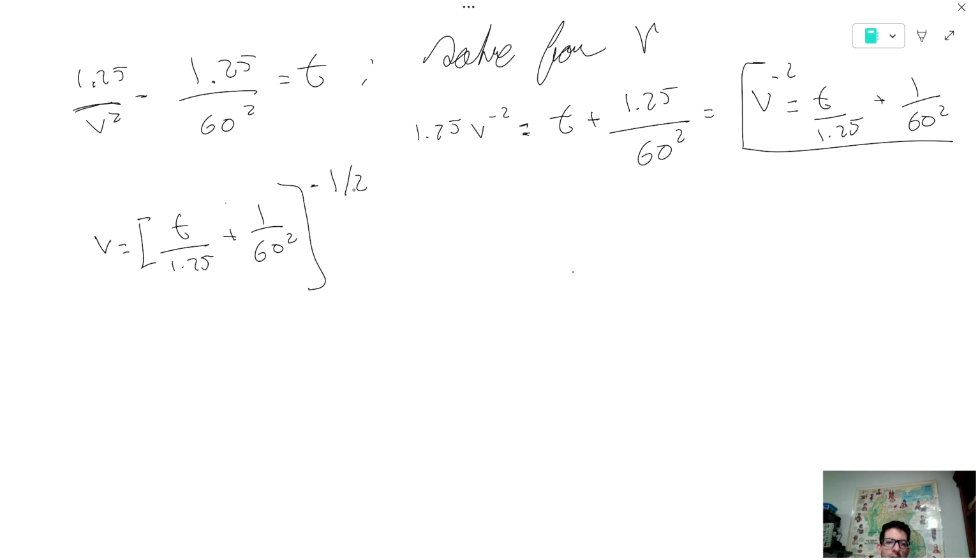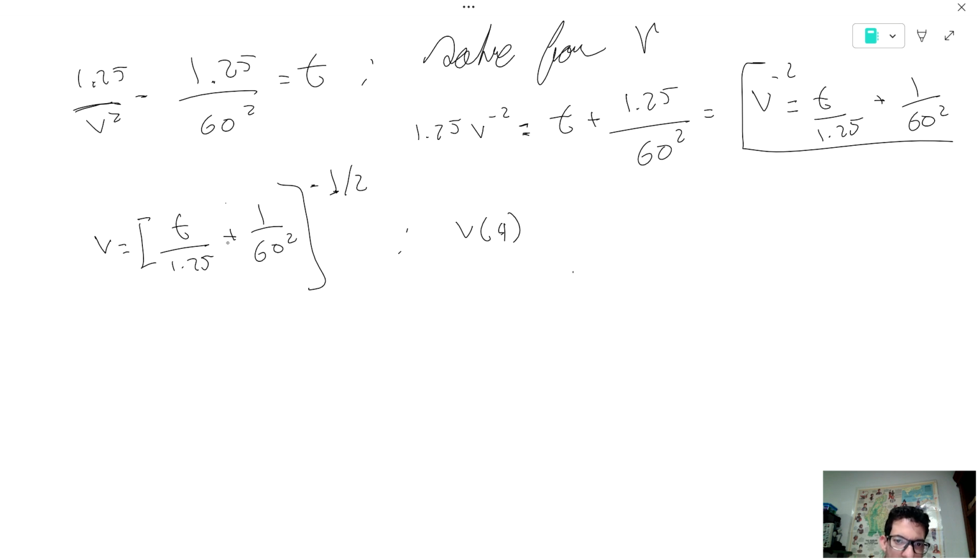All right, cool. So this is basically your function. This is negative 2. When you bring it to the other side, it is negative 1/2. This is the other thing you have to remember from math. This has nothing to do with dynamics. This is just math. Then what we need to do is find the velocity after 4 seconds.